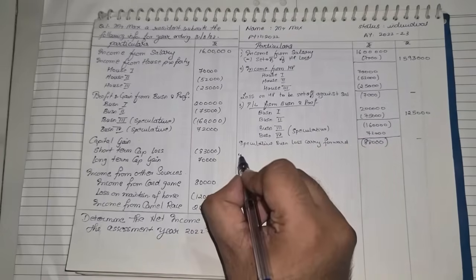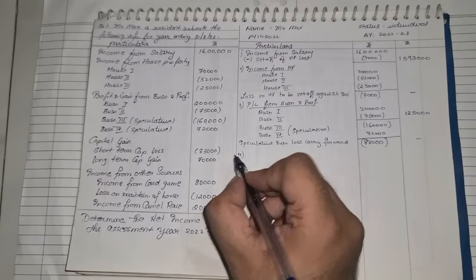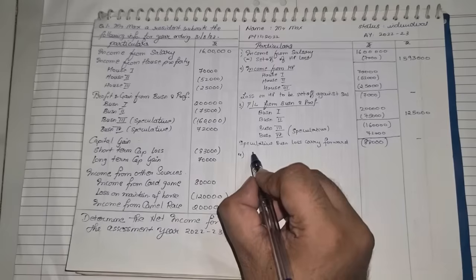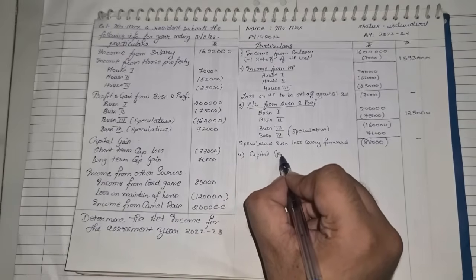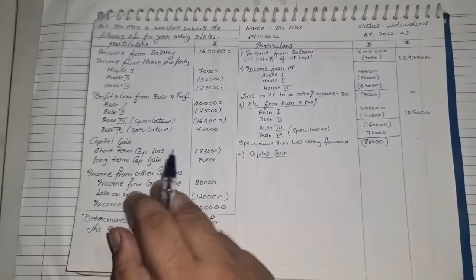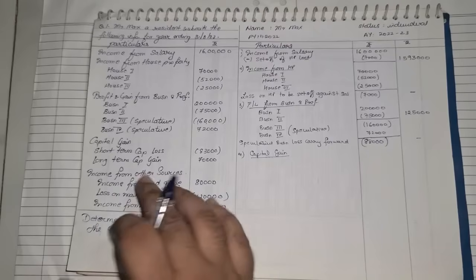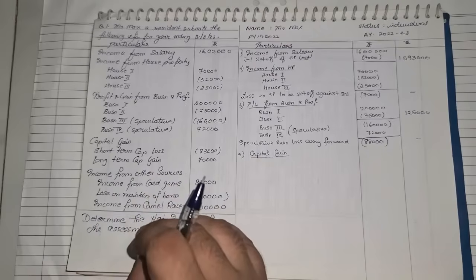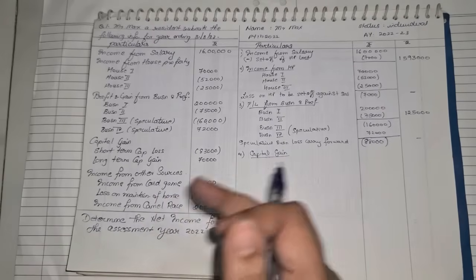Okay, next is fourth, that is capital gain. So I'll note down here now, capital gain. Now again we have short term loss and long term gain. The rule was whatever is the loss from gains, you can set it off against each other. But other than that it cannot be set off further.